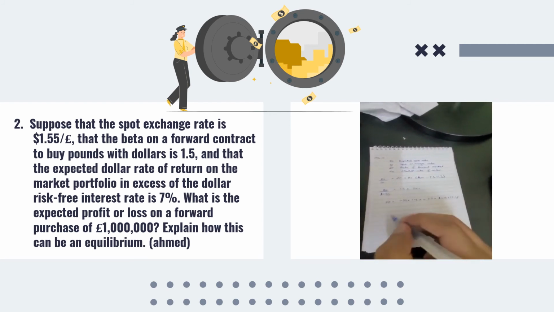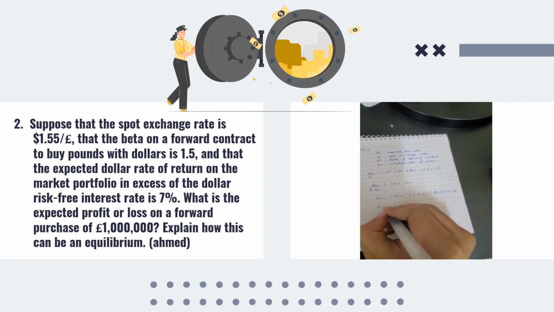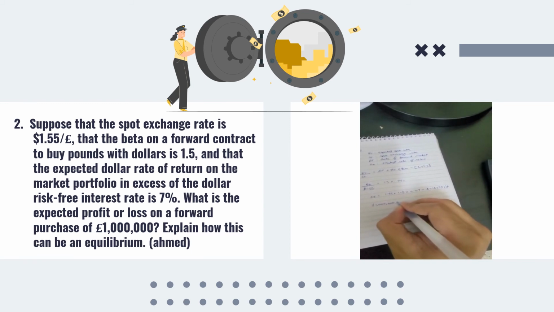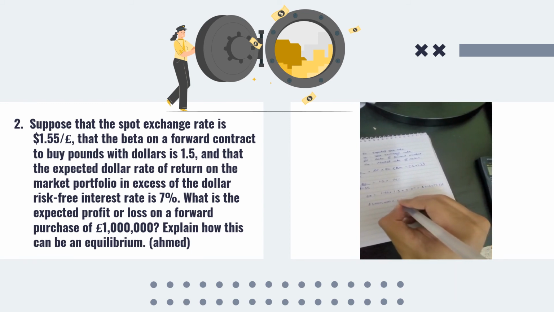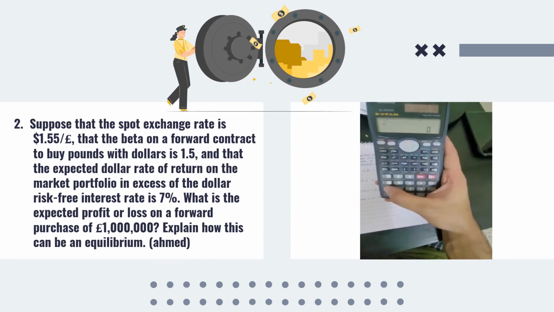According to the question, we want to purchase 1 million pounds. So we multiply 1 million pounds by the expected spot rate of 0.16275.